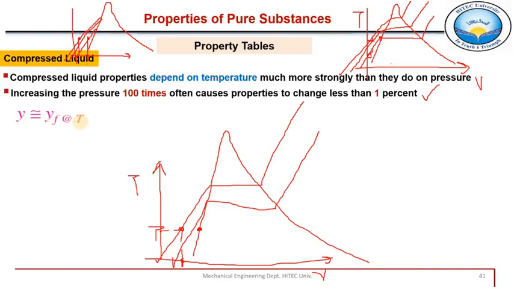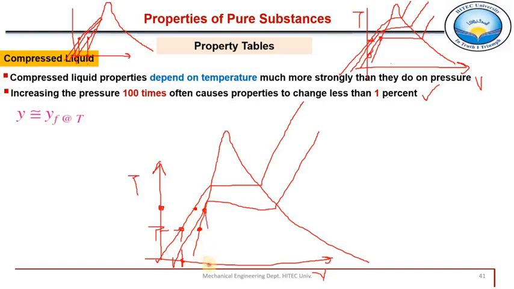So for the compressed liquid region, you can find all these thermodynamic properties from the saturated table. In that saturated table, only the saturated liquid values can be used at that temperature. So the effect of temperature cannot be neglected. If, for example, the temperature is this one, and here is this pressure, at the same temperature you can assume this point to be here.